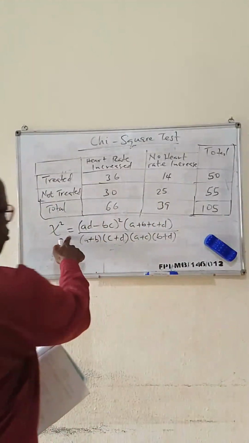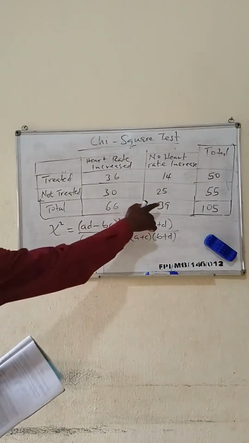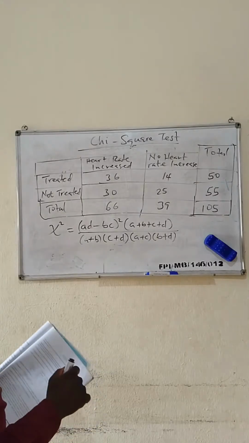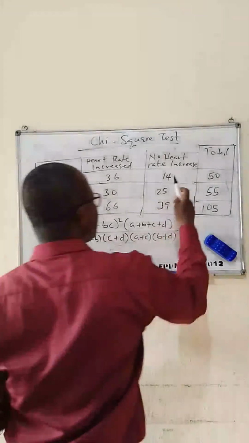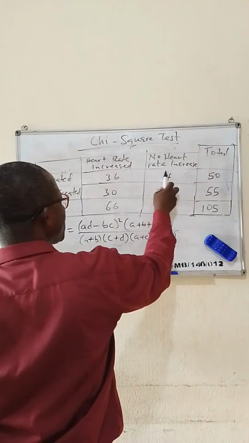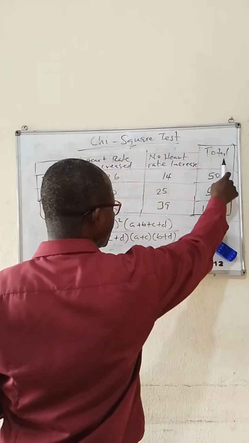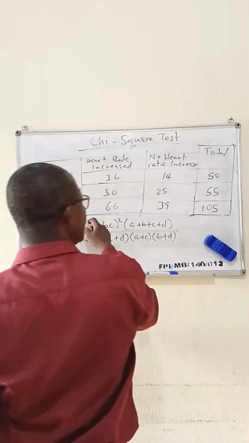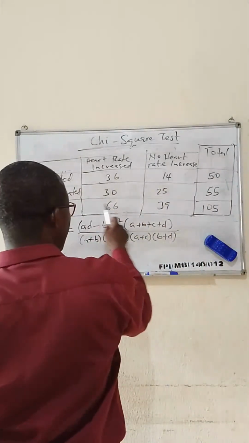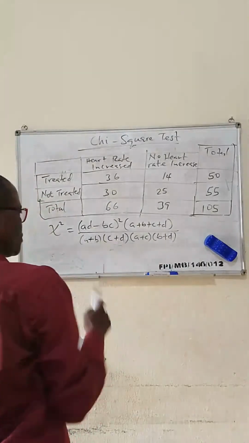Then we write this formula just like this and put in the values. So remember, the problem given is only the four values, A, B, C, D. Then you complete the table by doing the total for the rows and the total for the columns, then you apply this formula.